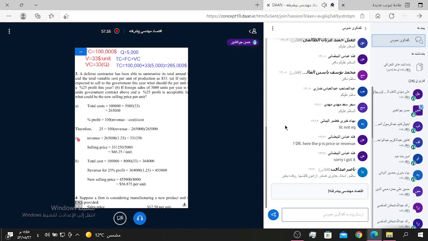Total revenues are equal to P multiple Q, where Q is 5,000.